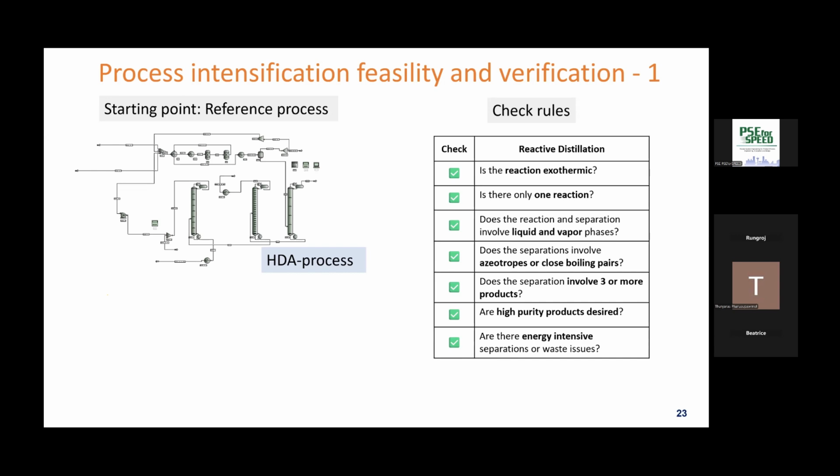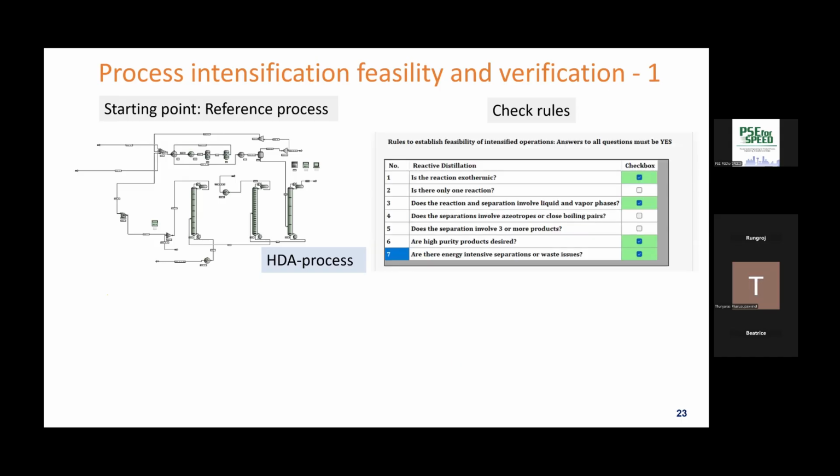Because we already have the results from the simulator, and these are needed to answer this question. For example, is the reaction exothermic? Is there only one reaction? And so on. Are there isotopes? And so on. So if we look at the results of the HDA process, we will find out that not all the answers are yes. So reactive distillation is not possible for this.